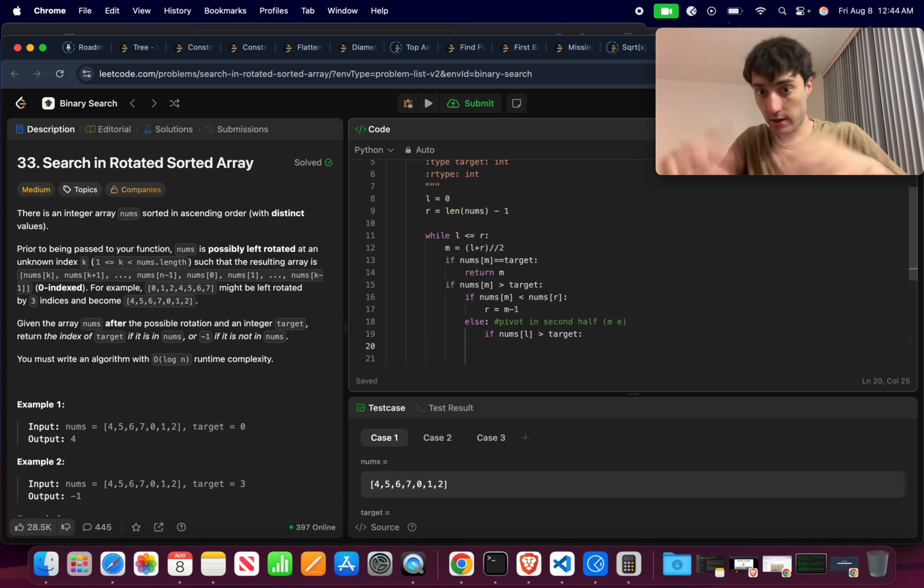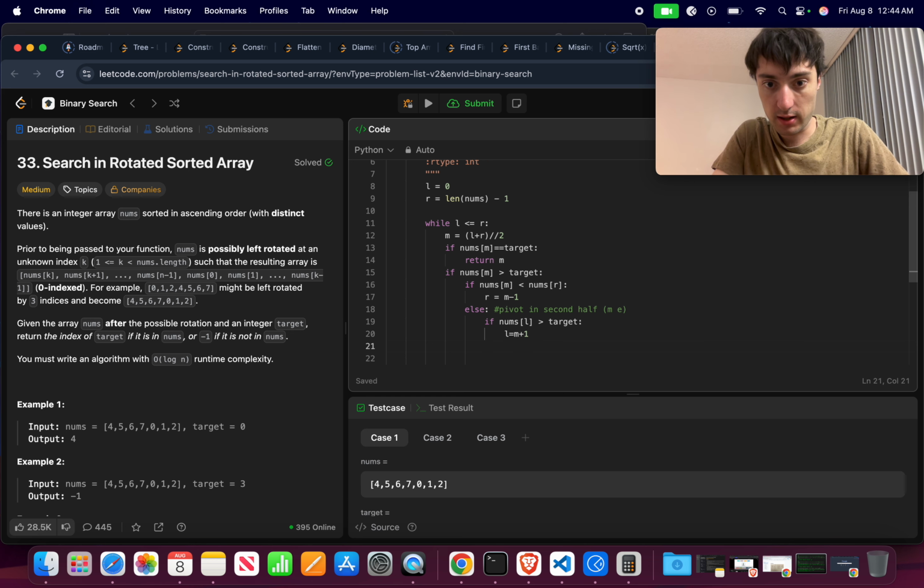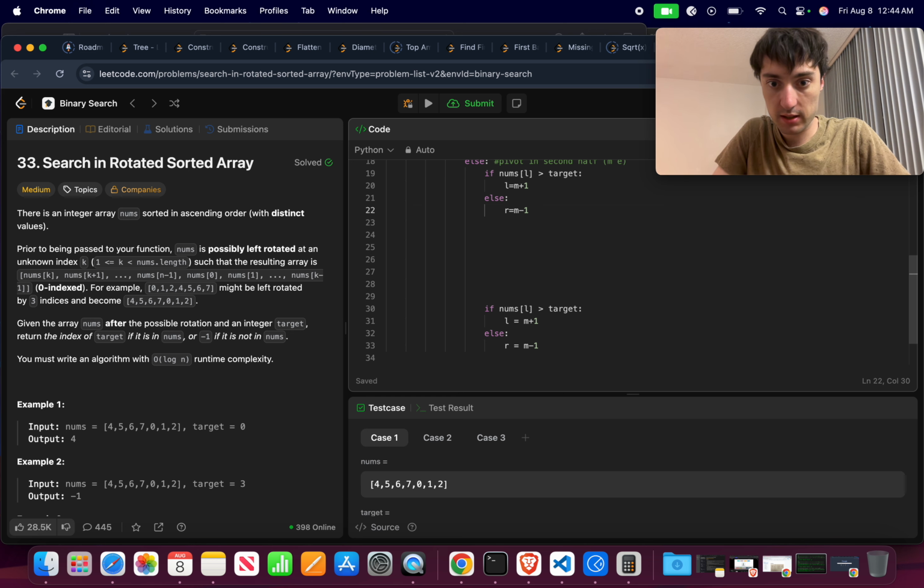then I want the other side. I want to update left. So left is going to be equal to mid plus 1, and then otherwise, else, right is equal to mid minus 1. Okay, is that the same thing that I did?